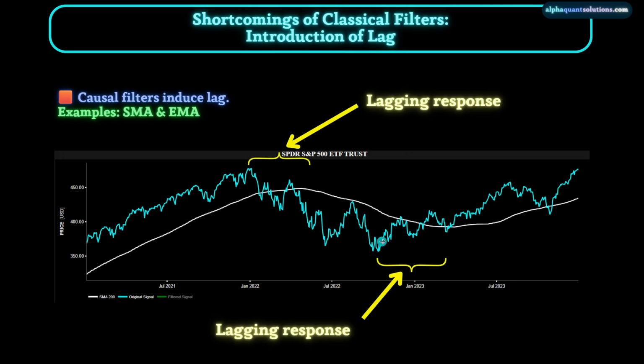Similarly, for the bottoming, between the raw price data here and somewhere here for the filtered version. So in both cases, there is a time lag. In this specific example, it's approximately 3-4 months, but this time lag can obviously vary. This time lag holds for both methods. Also, in general, EMA is quicker to react, but it does still show a time lag compared to the original unfiltered price.